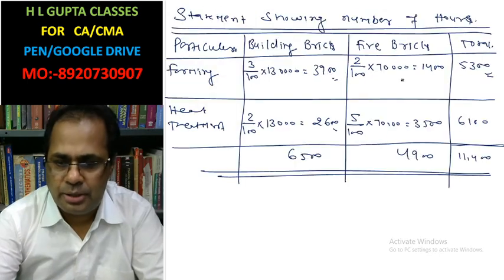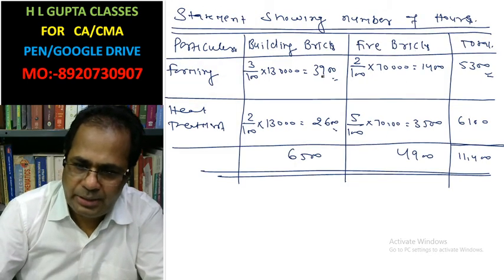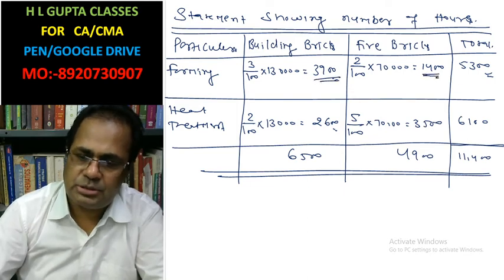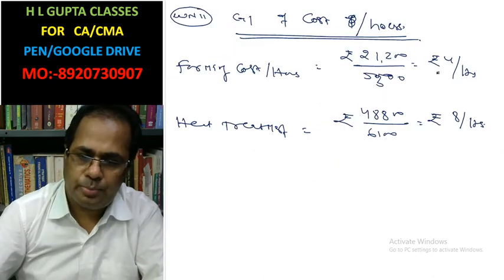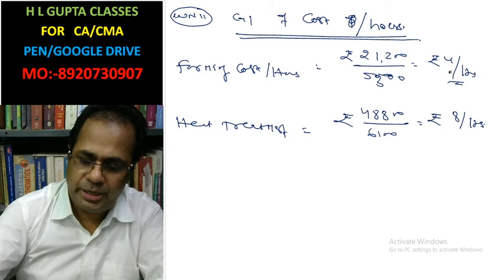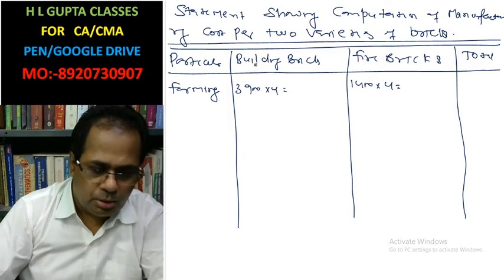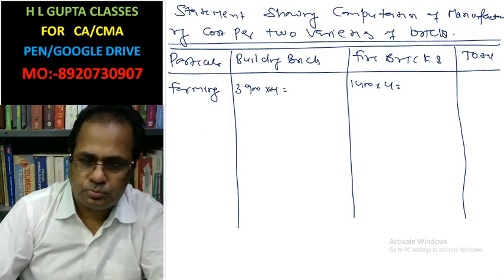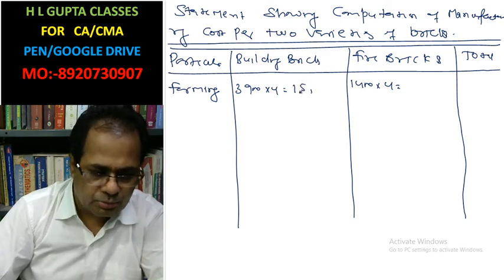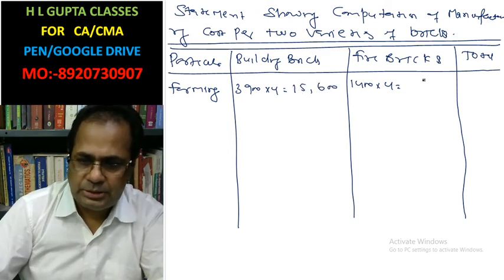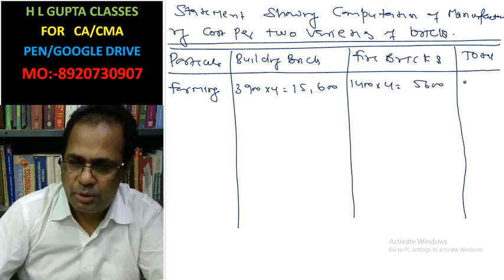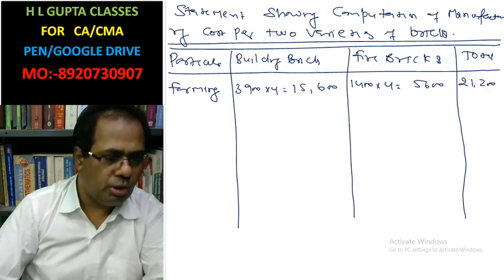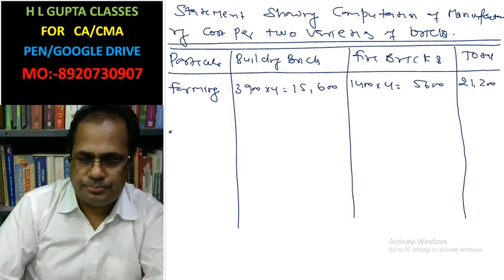Why 1,400? Because for forming, 3,900 hours are required for building bricks and 1,400 hours for fire bricks. In forming, cost per hour is rupees 4. That is why this is 15,600, this is 5,600, and the total is 21,200.